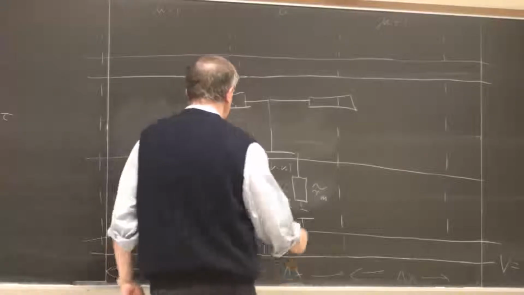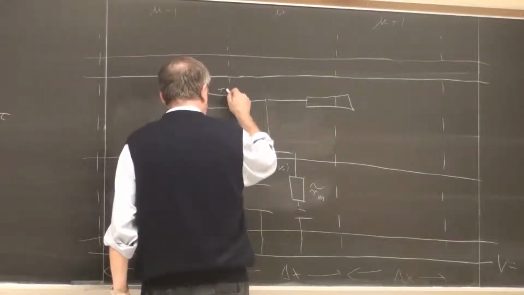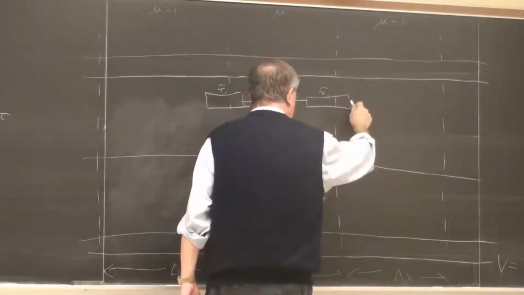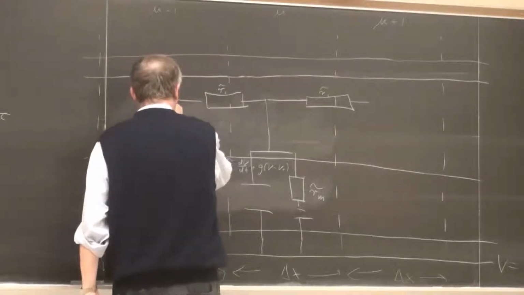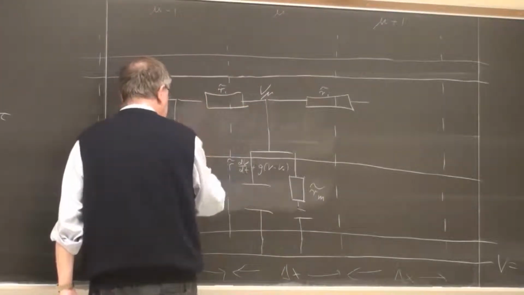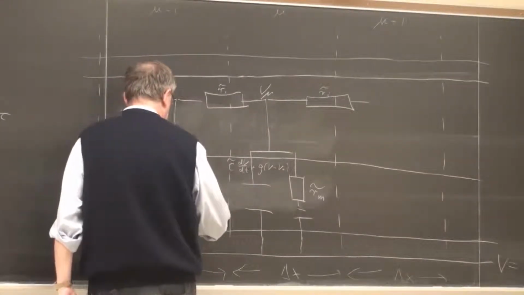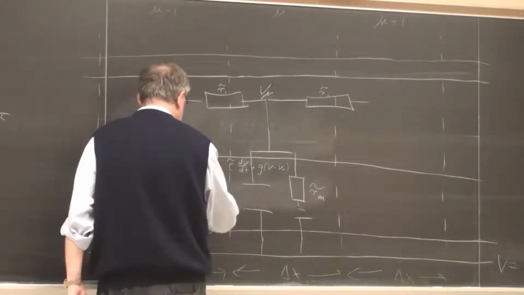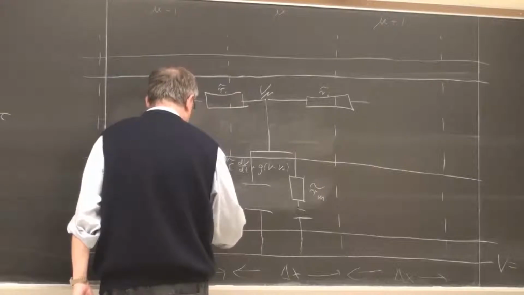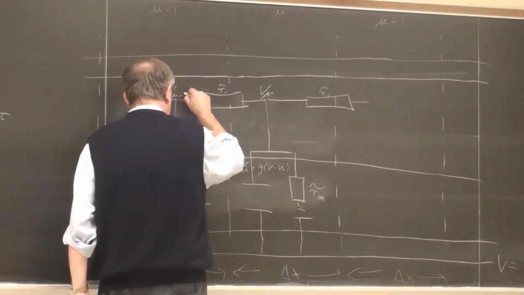Okay, so now I have a resistance I call the internal resistance, and I assume they are the same on both sides. And now I come here, I have my potential V mu, and here I have the same situation, except I have the potential V mu minus 1.